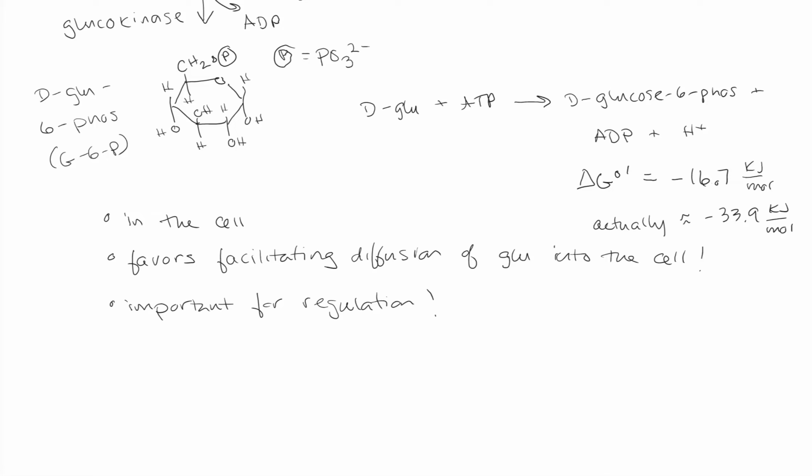However, now that we coupled a non-favorable reaction to ATP hydrolysis, making it net favorable, and this is being orchestrated by the enzyme hexokinase glucokinase, and we can regulate the activity of that enzyme, we now have the ability to exert fine control over our primary metabolic pathways.